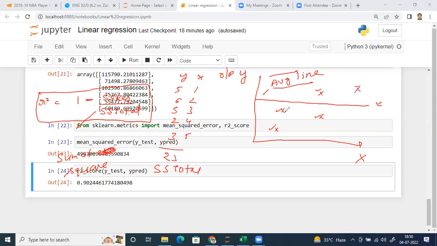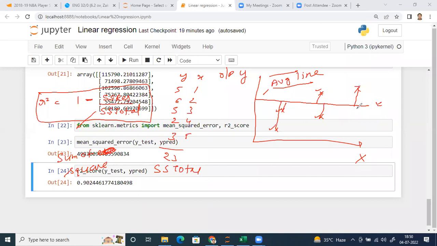From that average line, we compute the distance of every point. Not this distance, the perpendicular distance. I compute this distance.